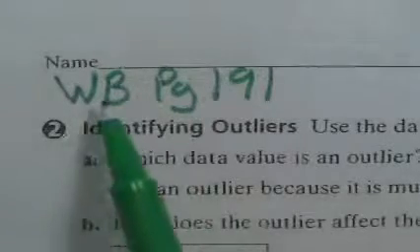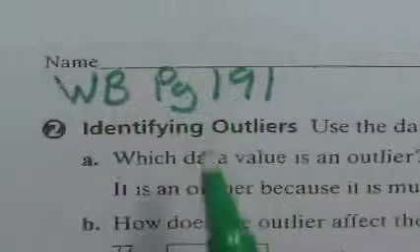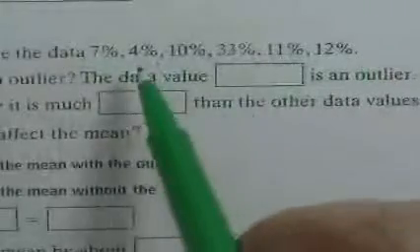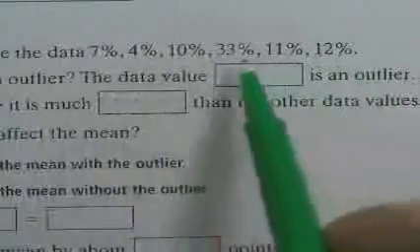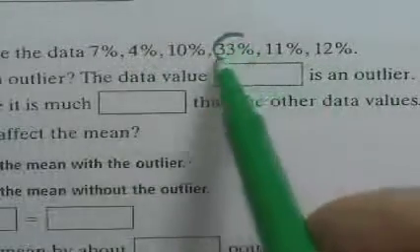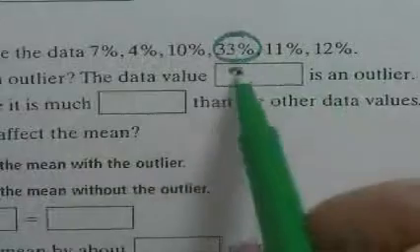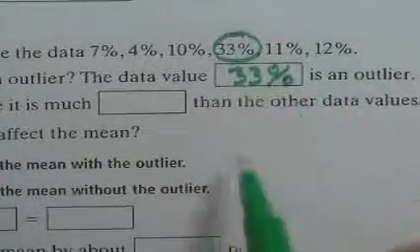Now let's go to the next page, page 191. It says identifying outliers. Use the data, those numbers up here. Looking at those, which data value is an outlier? Which one stands out the most, either much greater or much less than the others? I think this one, 33.